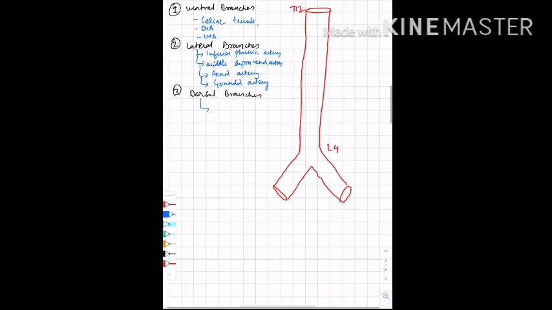And last, dorsal branches are divided as lumbar arteries, that is 4 pairs of lumbar arteries, and one single median sacral artery.